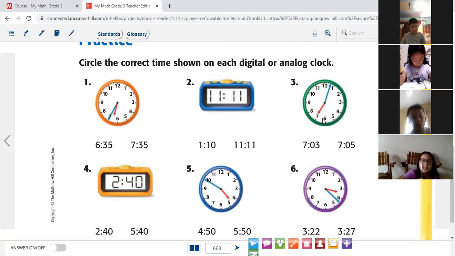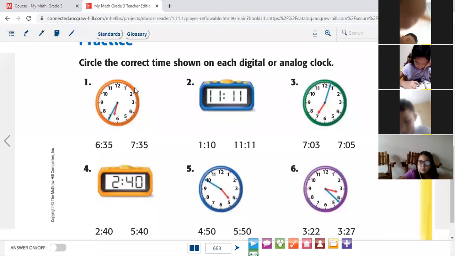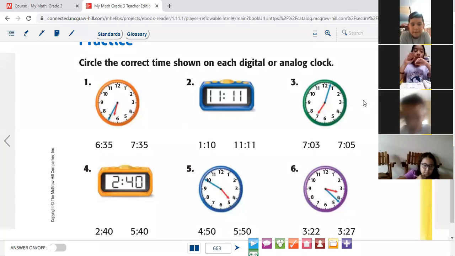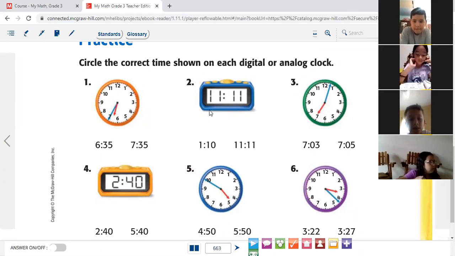Henry, would you like to help me with number 1? Turn on your microphone and help me with number 1, please. What time is it? Is it 6:35 or 7:35, Henry? 6:35. Yes, excellent job.